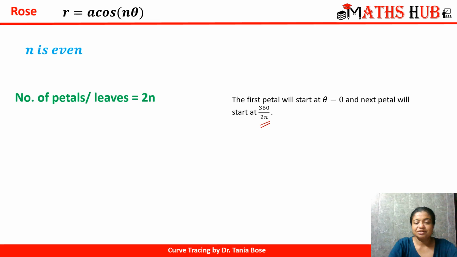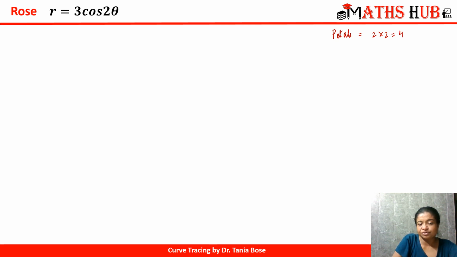Okay. So let us take the first simple case when r is equal to 3 cos 2 theta. So here, how many petals will we have in this curve? It will be 2 cross 2, so that is 4, because here n is equal to 2, which is an even number. So the first will occur at theta equal to 0 degrees. The next will occur at 360 by 4, right?